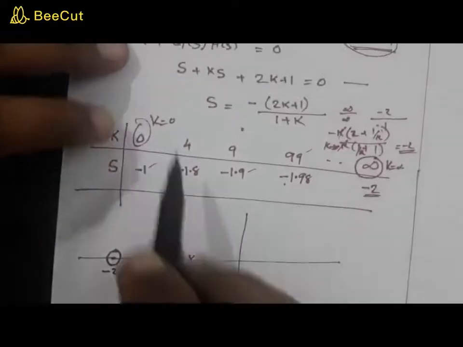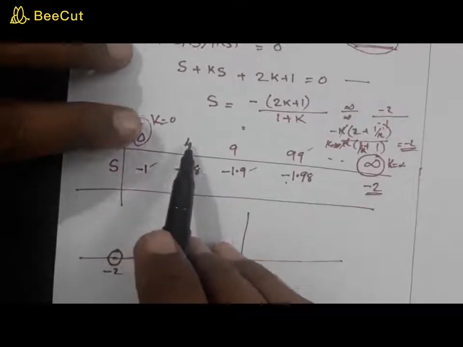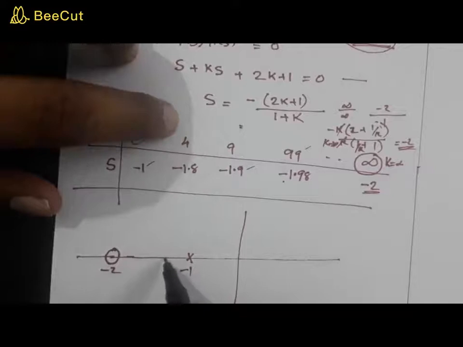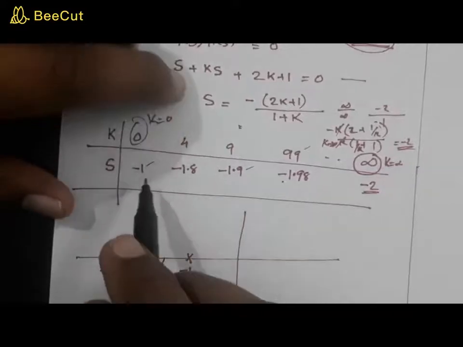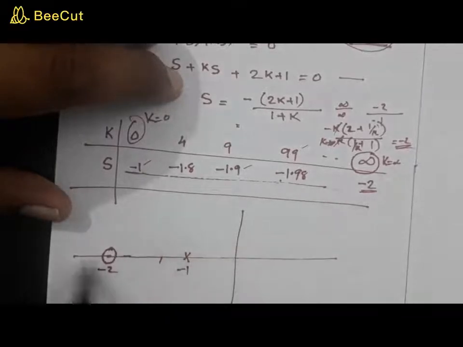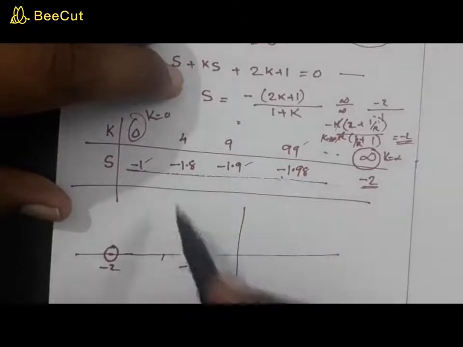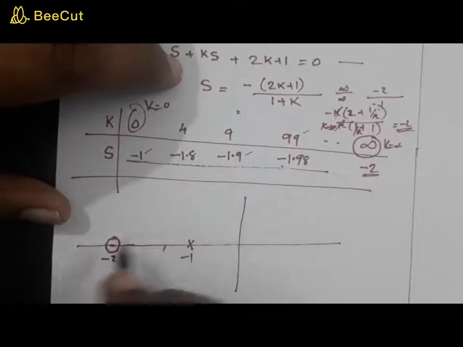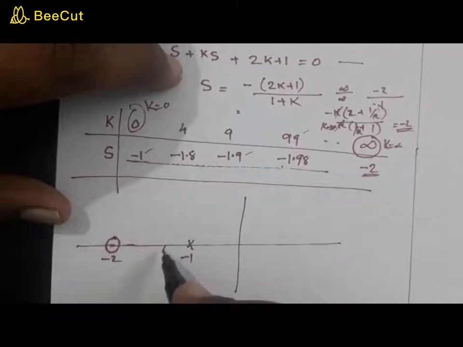Now let us see what happens as k increases. K increases, this becomes minus 1.8, right? So at k is equal to 4, from these values you can see that the s always remains on the real axis. It won't go into the imaginary area, right? So that means this lies in between minus 1 and minus 2. It's going closer and closer.